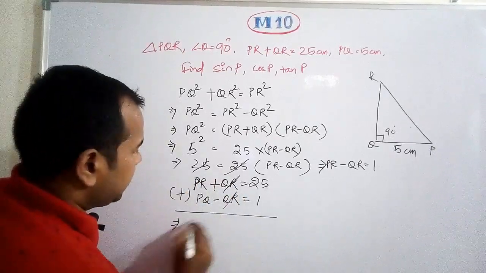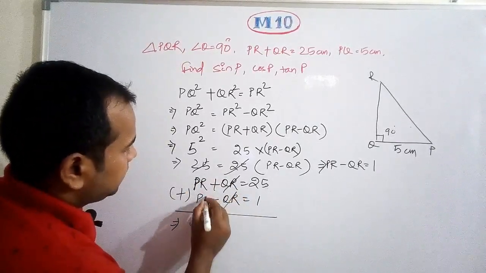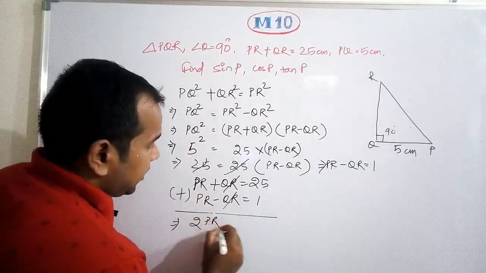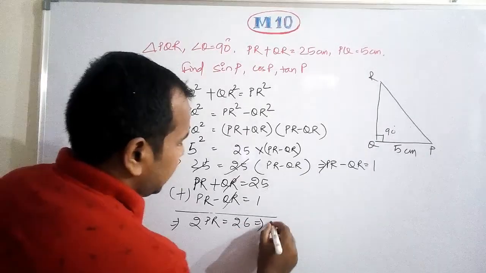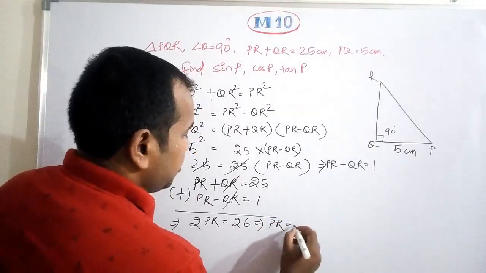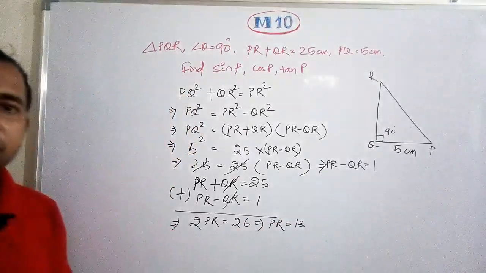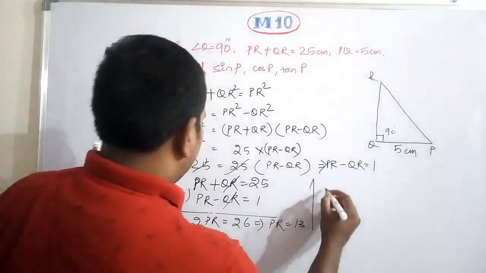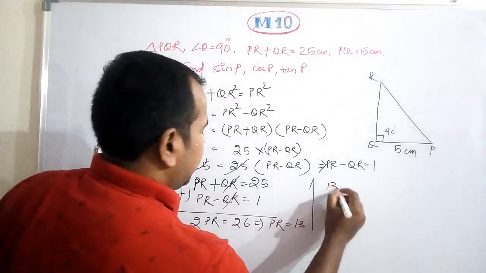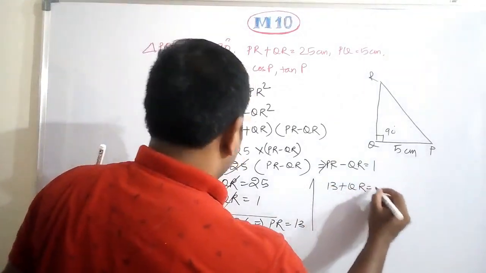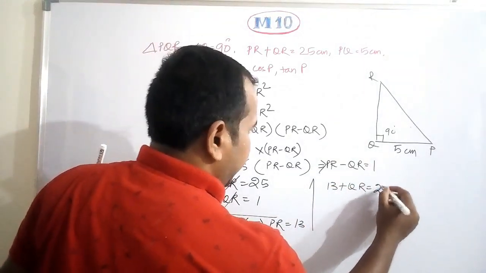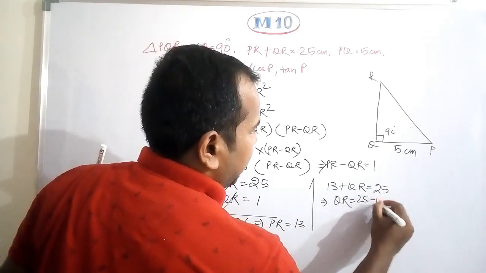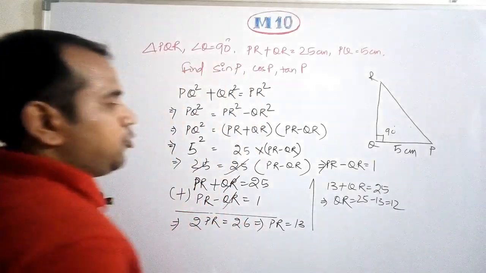So what you are getting? 2PR equals 26. That means PR equals 13. Now putting this value here, your PR is 13. 13 plus QR equals 25. So QR equals 25 minus 13, that is equal to 12.